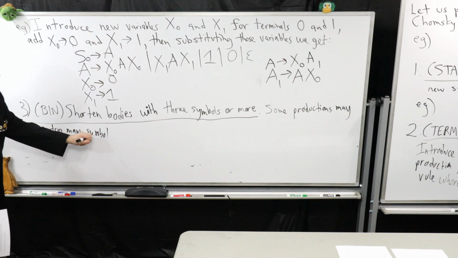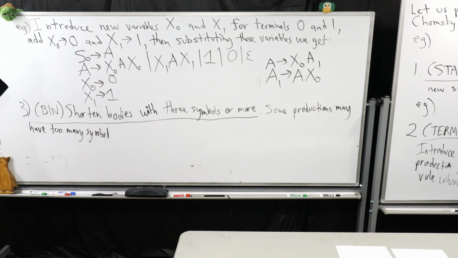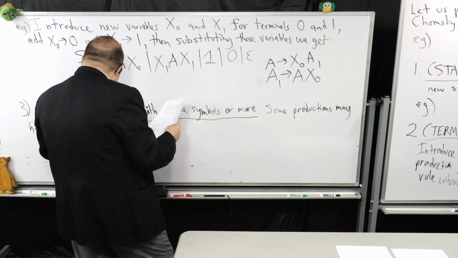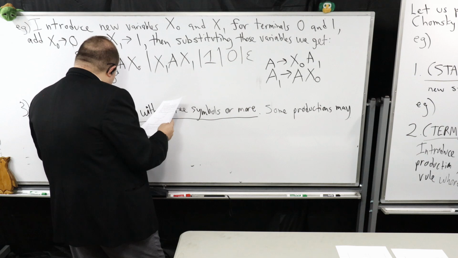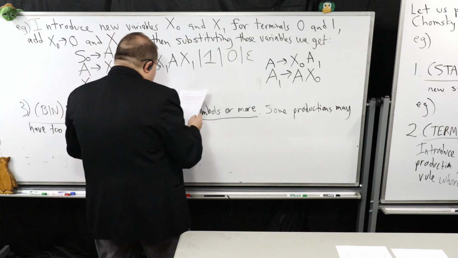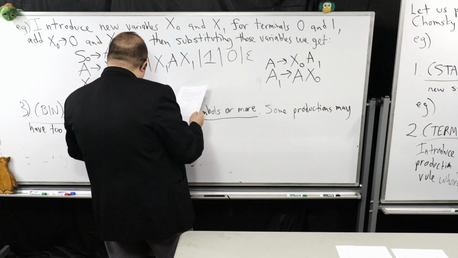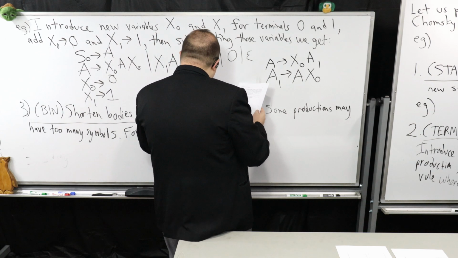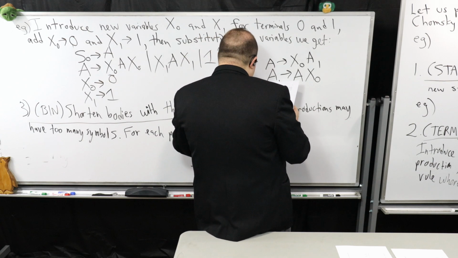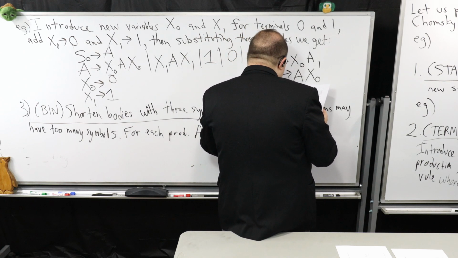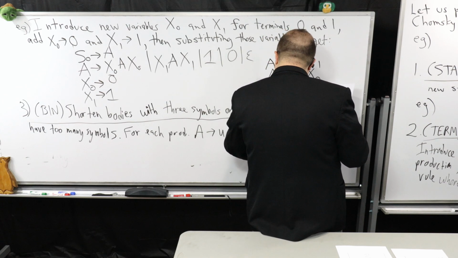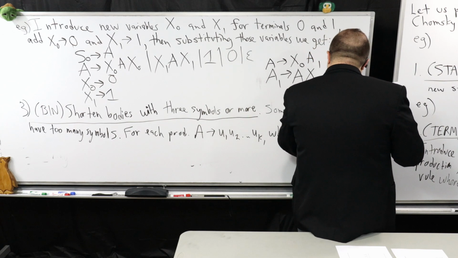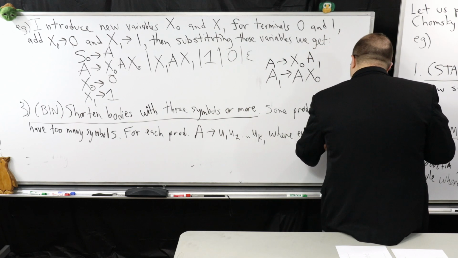It's just that at our stage in this process, we can guarantee they're only variables. I'll come to that if we have time after this. I have too many symbols. So what do we do? For each production A, imagine I have a bunch of symbols, U1, U2, all the way up to UK, where every Ui is a variable.